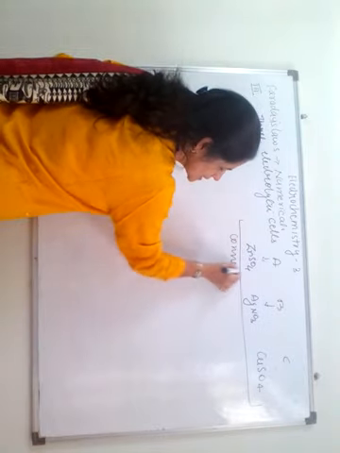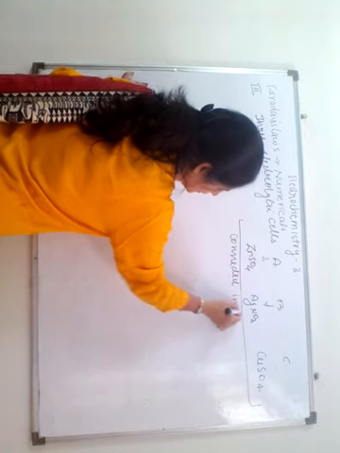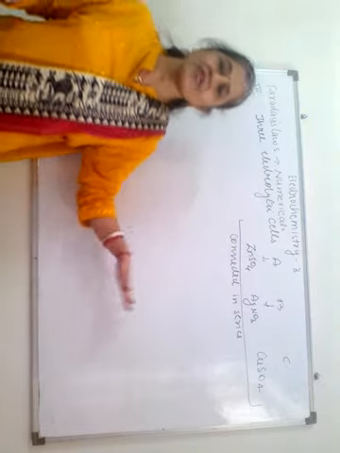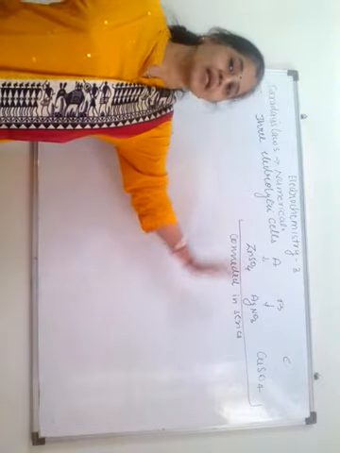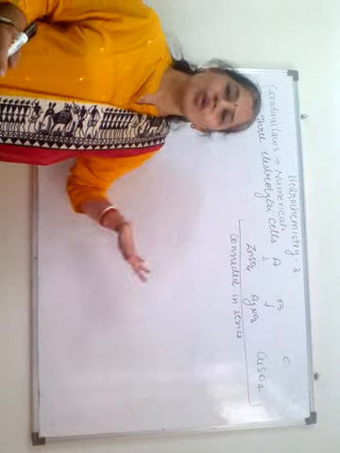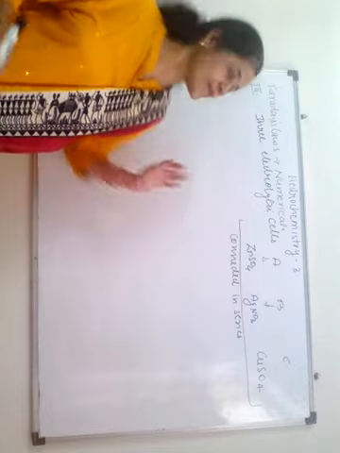Connected in series means the same amount of charges pass, and when we connect the cells in series, then we know the masses deposited are in the ratio of their equivalent weights.